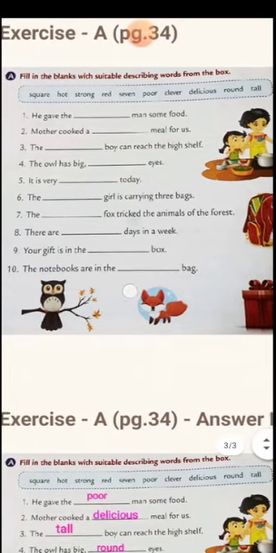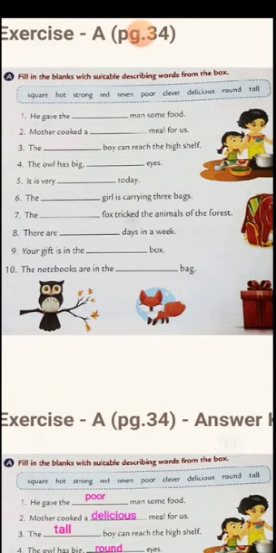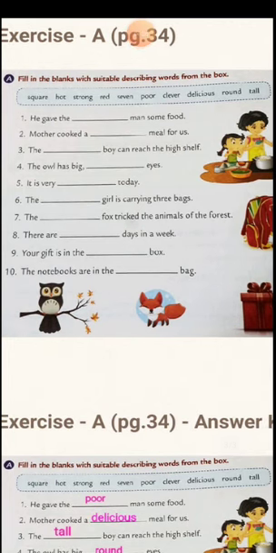So we have to choose, though the box is also red, but we will be using square box because the last question's answer will not match with square. So number 9, your gift is in the square box. SQUARE, square. How is this box? Square. So we are describing its shape.